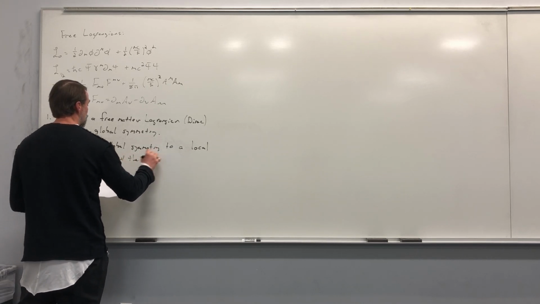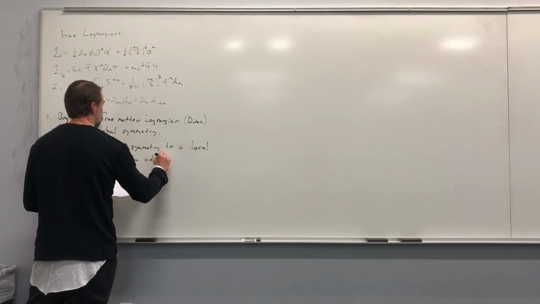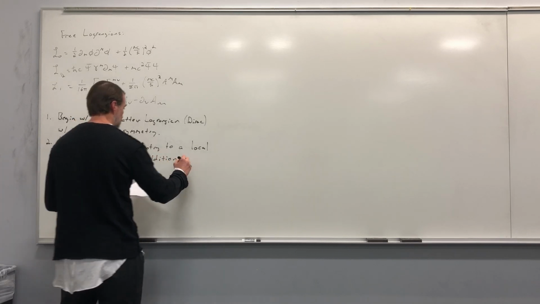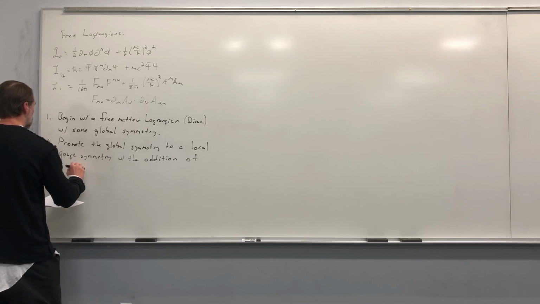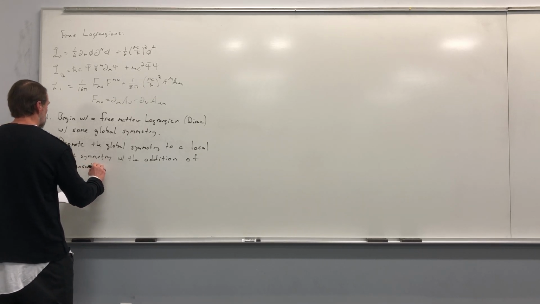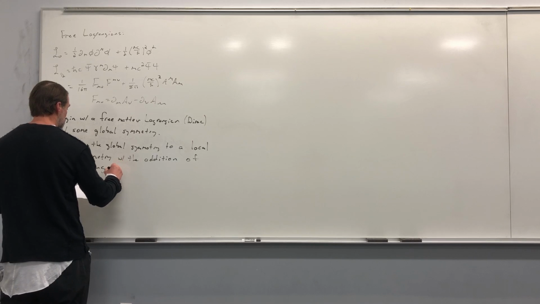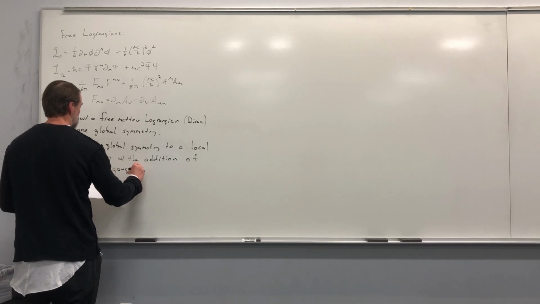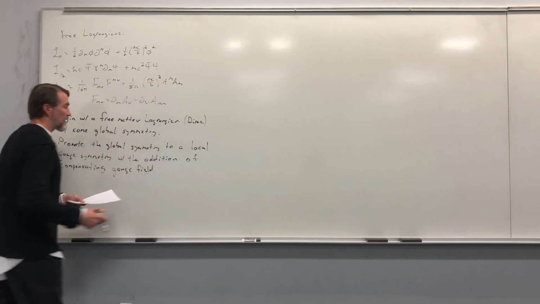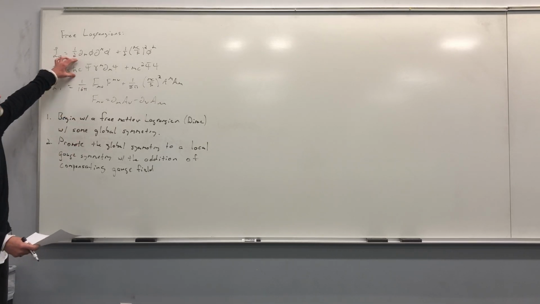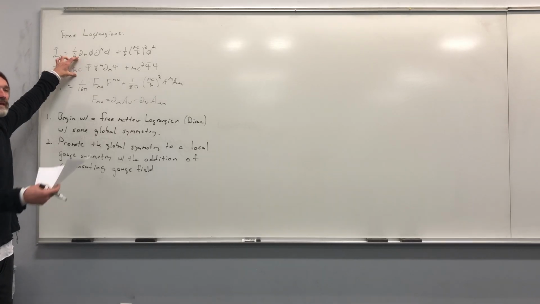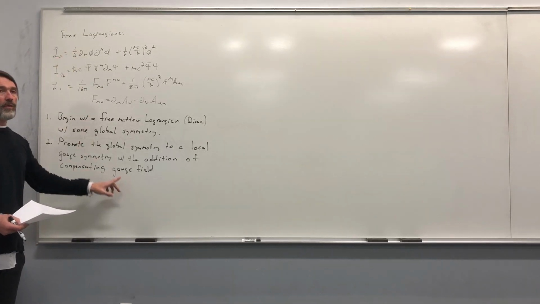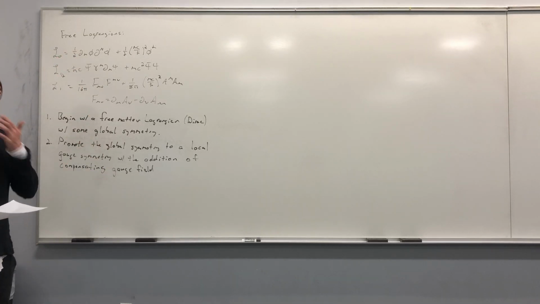With the addition of a compensating gauge field. It turns out that if I start out with this Lagrangian and I recognize a global symmetry, to make it a local symmetry will actually require me to add a new field to the story.